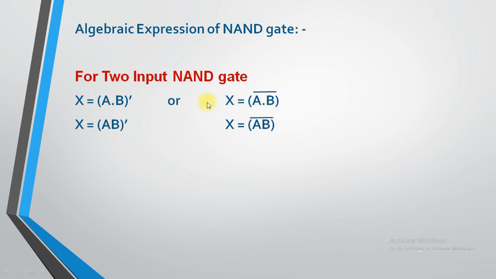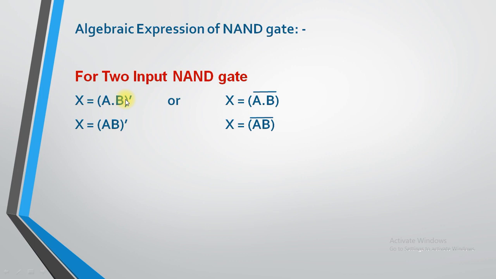I want to repeat this formula once again. Over here we combined the formula of AND with the NOT gate. So the NOT gate can be represented by either a dash or a bar, right? These both are represented by bar and these both are represented by dash. Now what is the formula for the AND gate?